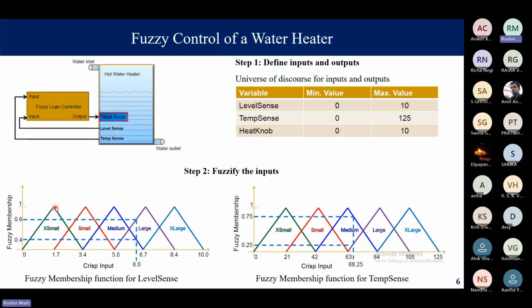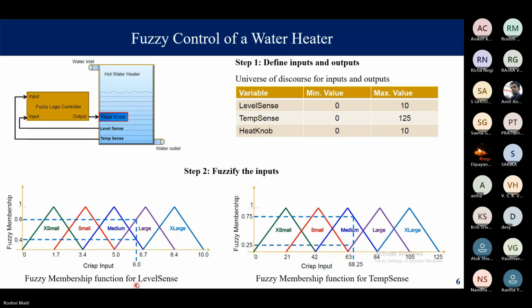For the level sensor, we have segregated the levels into extra small, small, medium, large, and extra large. Similarly, the temperature sensor is also divided into some regions, and again we have given them names.